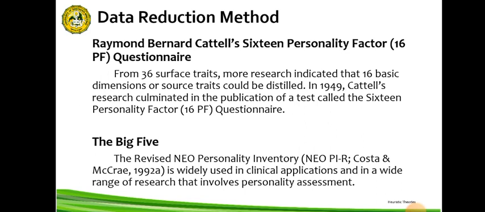The result was a reduction in the size of the list to 171 trait names and terms. Further, Cattell reduced the number of names and terms to 36, which Cattell referred to as surface traits. Still more research indicated that 16 basic dimensions or source traits could be distilled.